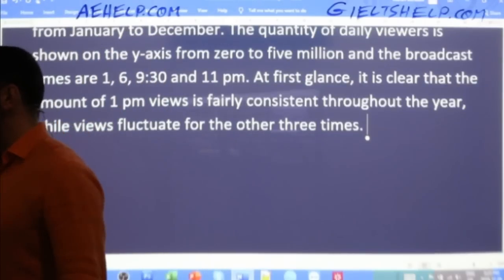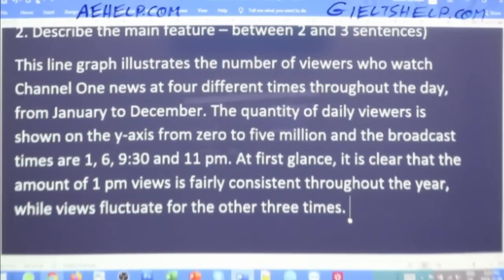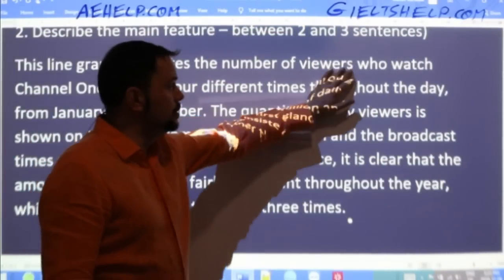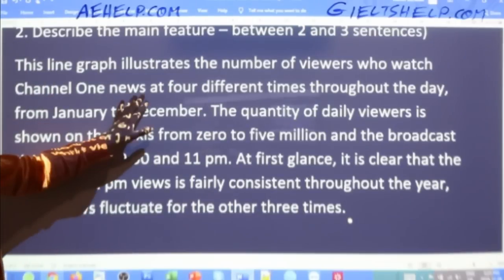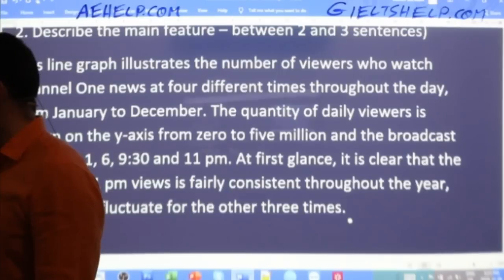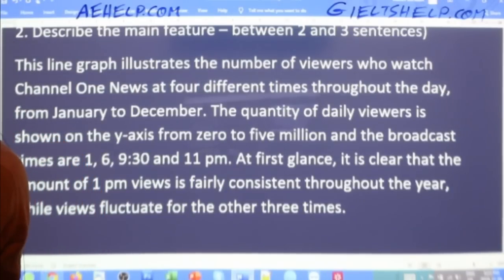Let's do that now. So now we have our overview and now we can write our analysis. So again, this line graph illustrates the number of viewers who watch Channel 1 News at 4 different times throughout the day from January to December.